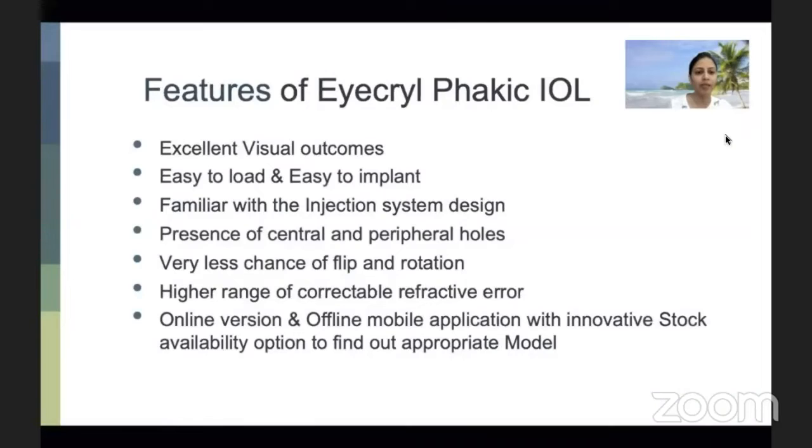The company claims that it has excellent visual outcome, easy to load, easy to implant, familiar injection system design, and the presence of central and peripheral holes. There is a very low chance of flip and rotation, with a higher range of correctable refractive errors. It has an online version and an offline mobile application with an innovative stock availability option to find out the appropriate model.